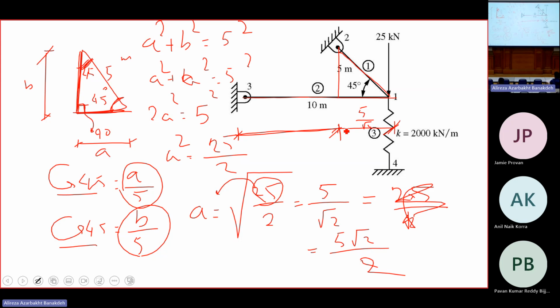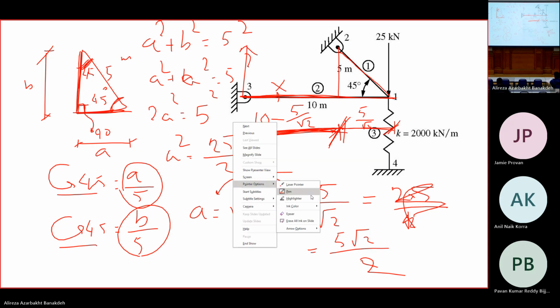Is it okay? So I just calculated this distance, which is 5 divided by square root of 2. What is this remaining distance? When the whole distance is 10 meter, this part is 5 divided by square root of 2. The remaining part is 10 meter minus 5 divided by square root of 2. Is it clear? Good. So if you put your X and Y here, let me change the color.